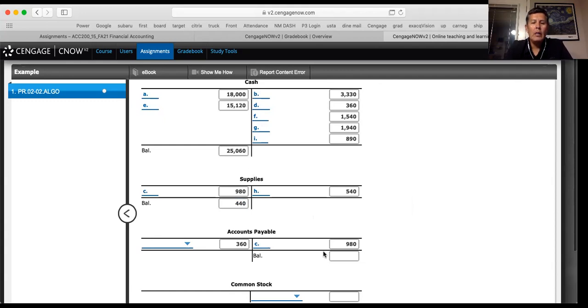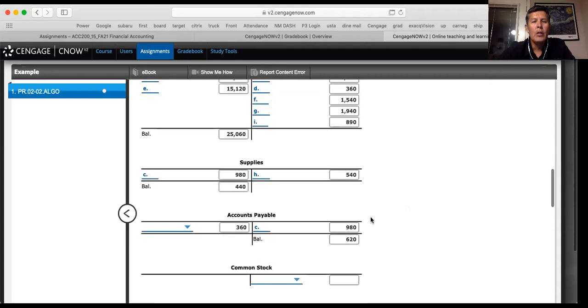So 980 minus 360 equals 620. All I did was the large number minus the smaller number. Now over here, notice this number is larger than the right side. Your debit's larger than your credit, so that's why we're going to have a debit balance. That means we have $440 of supplies in the supplies account.